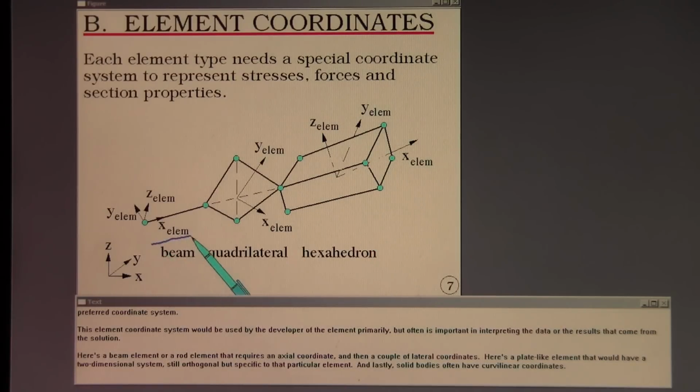Here's a beam element or a rod element that requires an axial coordinate and then a couple of lateral coordinates. Here's a plate-like element that would have a two-dimensional system, still orthogonal but specific to that particular element. And lastly, solid bodies often have curvilinear coordinates.